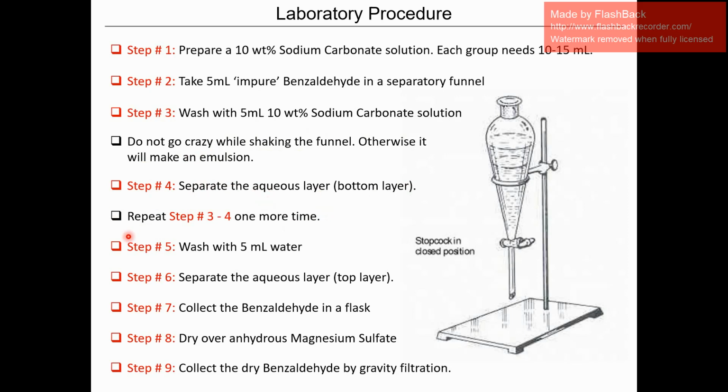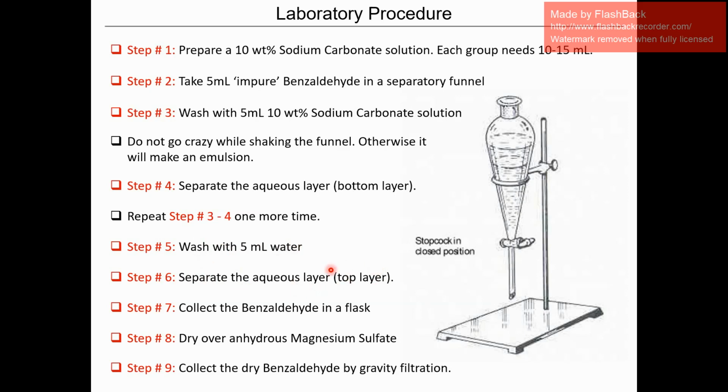After that, you're going to wash with water, but in this case the water has less density than the benzaldehyde. So the water layer is going to be on the top, and the organic layer is going to be on the bottom. Wash with 5 ml of water, and then separate the aqueous layer that is on the top.